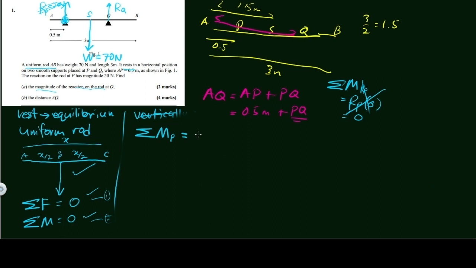So the force RP times the distance, and the distance between RP and P is 0.